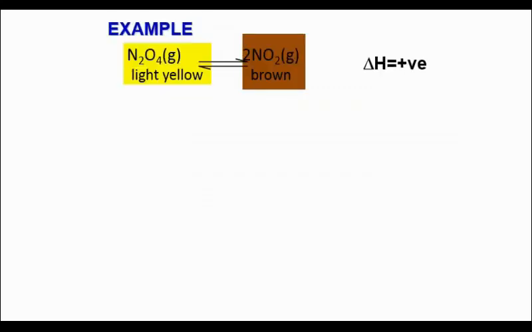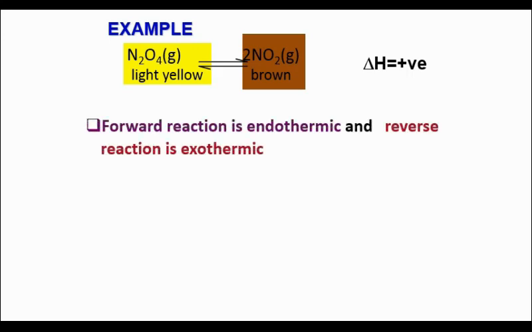Now, let's look at a real reaction. Look at the example with the yellow box and the brown box. The forward reaction is an endothermic reaction, and the reverse reaction thus is an exothermic reaction.